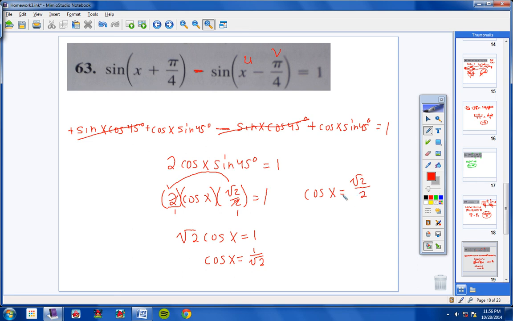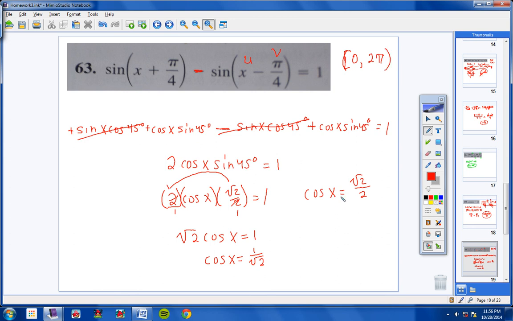Now I'm going to glance in the book and see if they gave us a domain for this problem. I believe they did. And yes, they did: 0 to 2 pi.